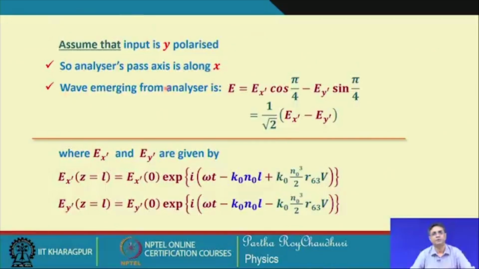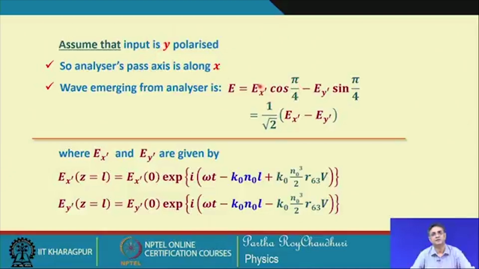So, the wave emerging from the analyzer will have E equal to this, because the moment you have this input, it will be split into two parts, E x dash and E y dash, but they are at 45 degrees with y polarization.